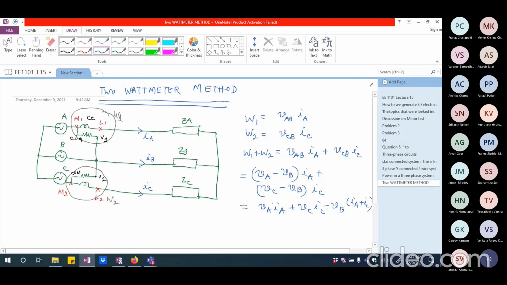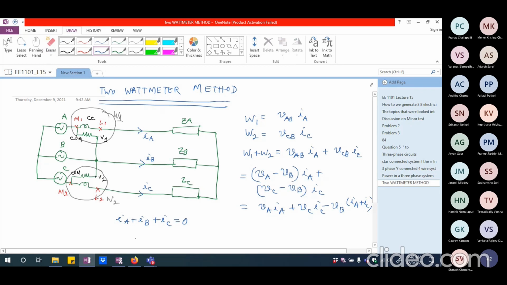Okay. Please note this is Kirchhoff's current law. If I have to follow IA plus IB plus IC, it cannot go anywhere. There is no way it can flow anywhere. So I have to have in a 3-phase 3-wire system, no matter what, IA plus IB plus IC equal to 0. It cannot be anything else. It has to be this way when I look at the load terminal.